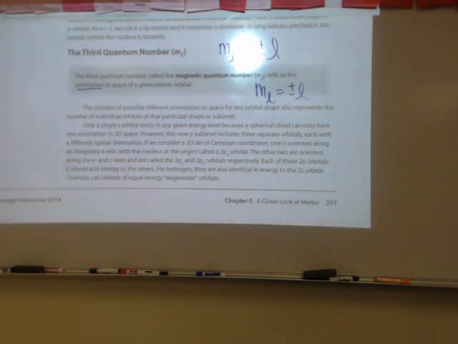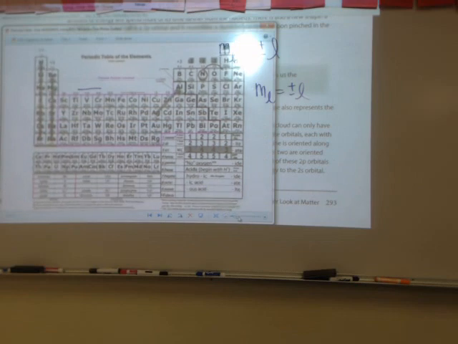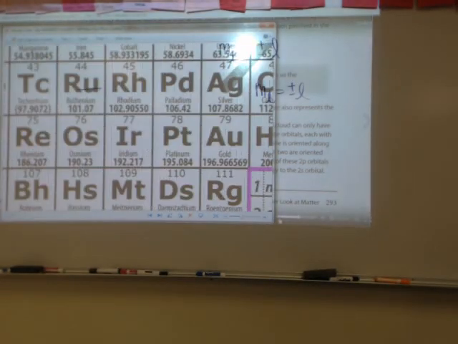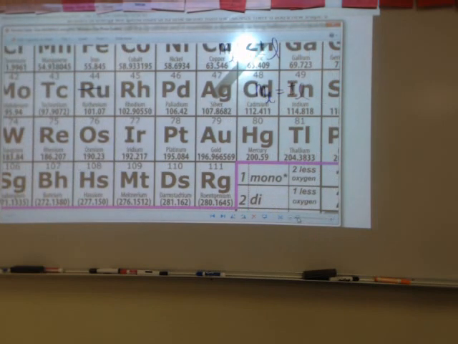So let me pull the periodic table back up and let me try to explain this in a little bit more depth. So what I'm going to do with this periodic table is, let's make it bigger. That's kind of too big. Let's bring it down a little bit.